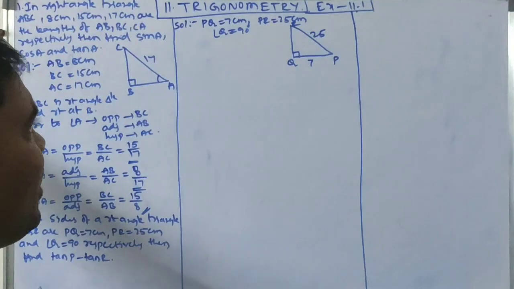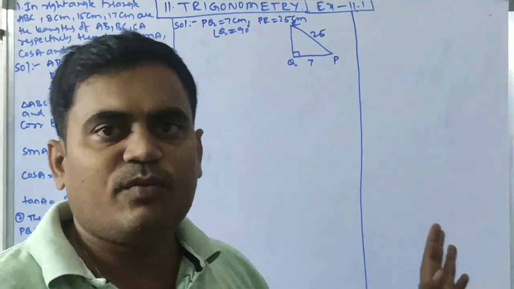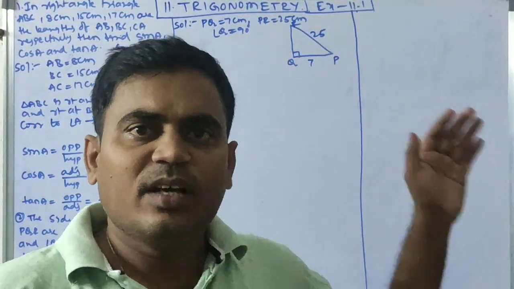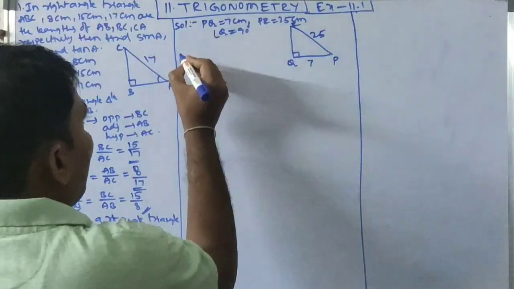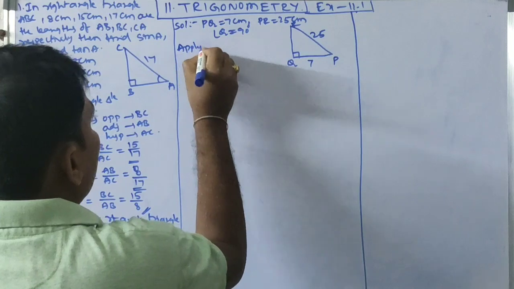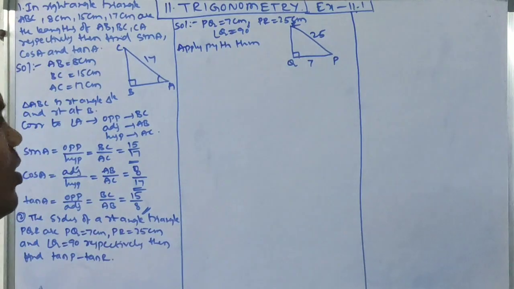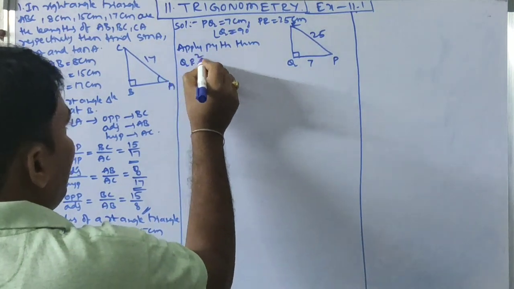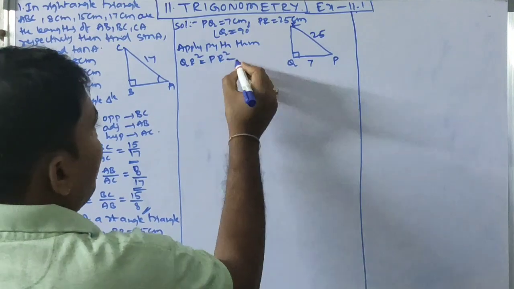So apply Pythagoras theorem or else 7, 24, 25. If you know Pythagoras triplets, you can write directly. But if you don't know, apply Pythagoras theorem. So QR square equal to PR square minus PQ square.